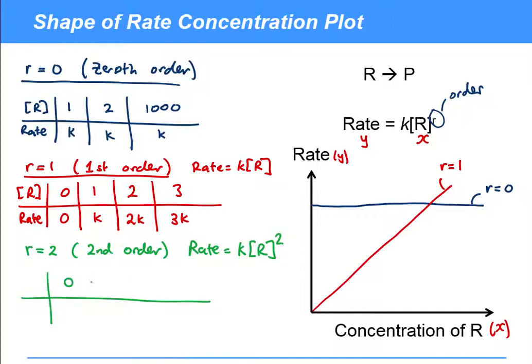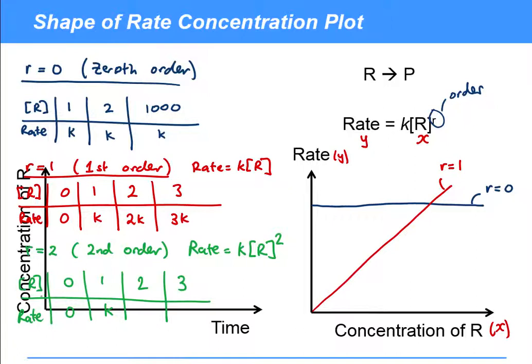So we use our same concentrations we've used here, 1, 2, and 3. And this is the concentration of reactant, the rate. So when concentration of reactant is 0, this is going to be K times 0 squared. Well, 0 squared is still 0, so it's going to be 0. When the concentration of reactant is 1, 1 squared is 1, times K is just K.